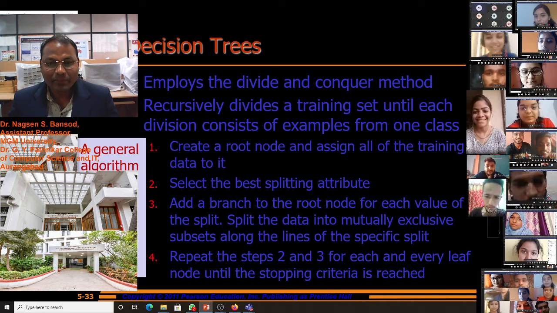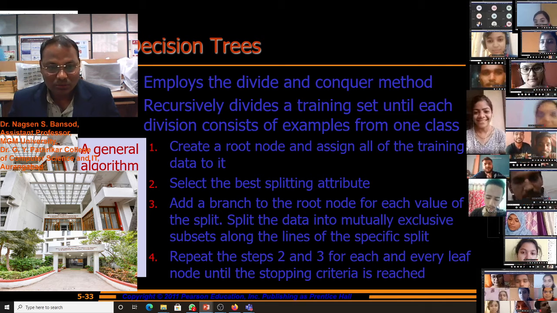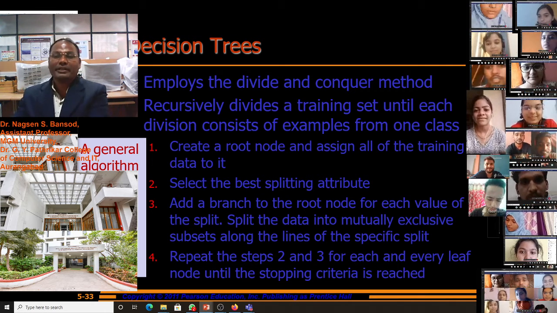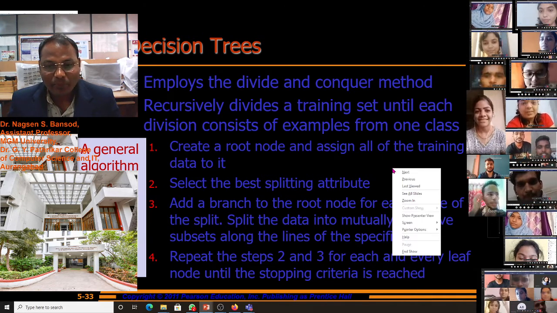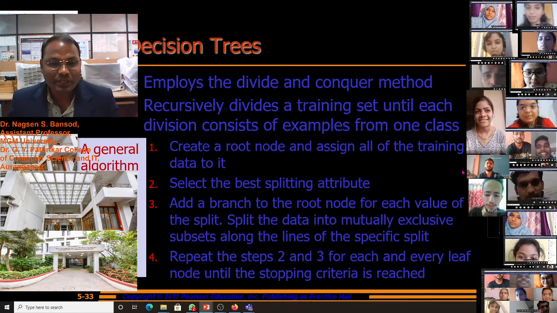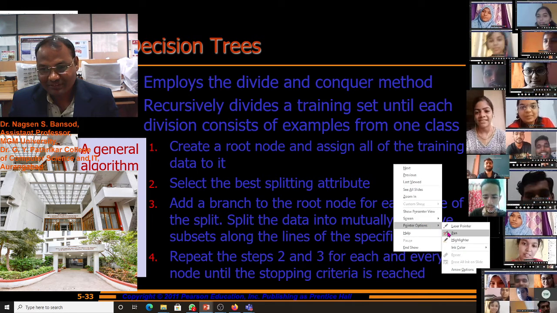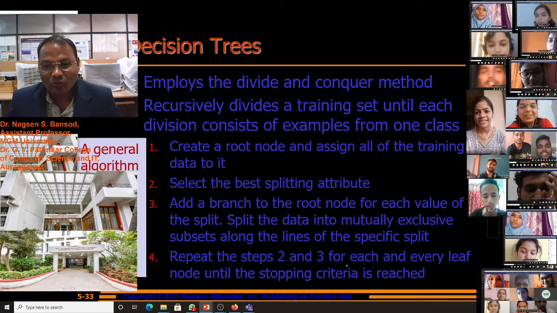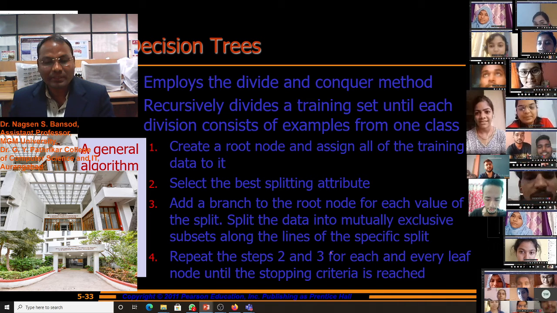Then select the best splitting attribute from the root node. Then add a branch to the root node for each value of the split, and split the data into mutually exclusive subsets along the lines of the specific split. Repeat steps 2 and 3 for each and every leaf node until the stopping criteria is reached.